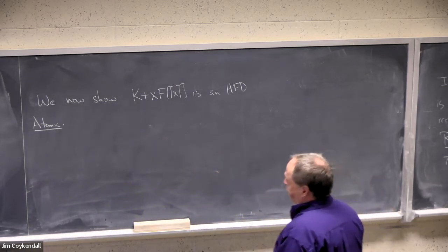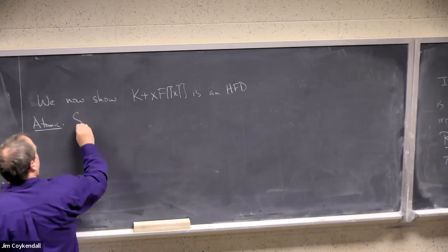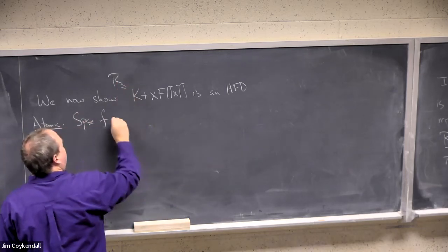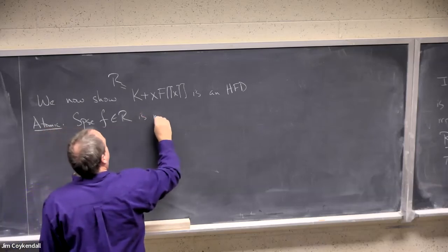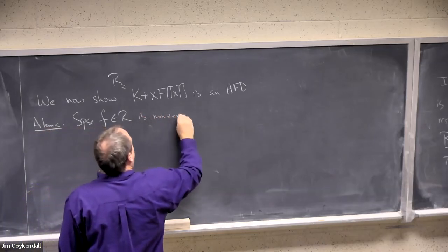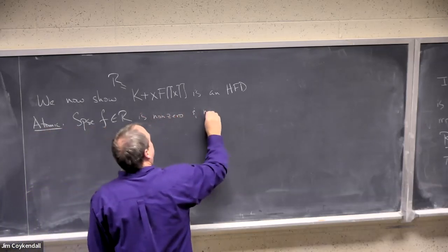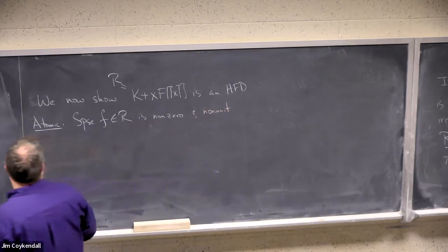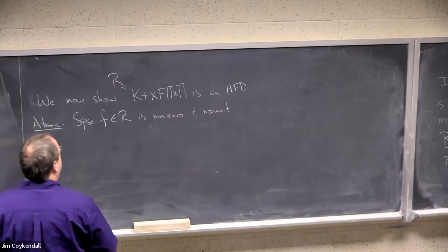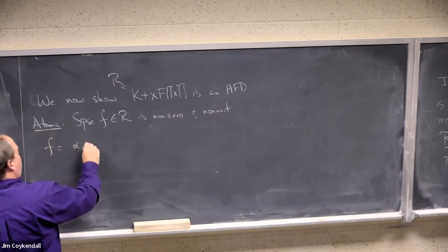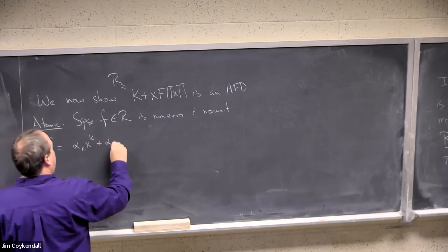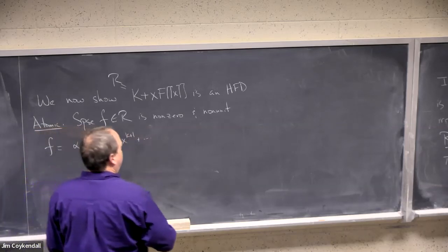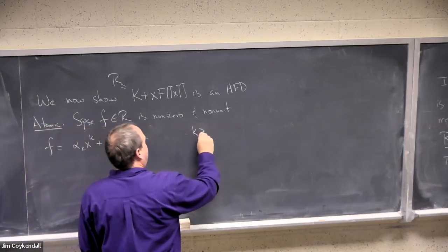Well, suppose F is in R and F is non-zero and non-unit, then F is equal to alpha k x^k plus alpha k plus 1 x^(k+1) plus whatever, with k greater than or equal to 1.